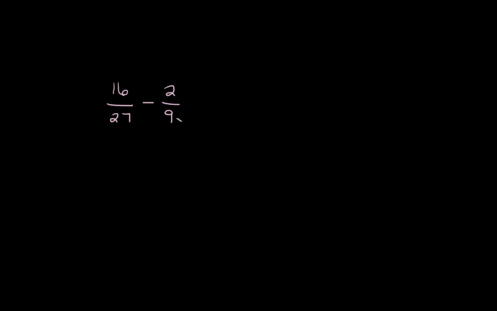So our new denominator is 27. Since 27 was originally my first fraction's denominator, I can keep my 16 numerator. 9 times 3 gave me 27, so I have to multiply the 2 by 3, so it gives me 6.